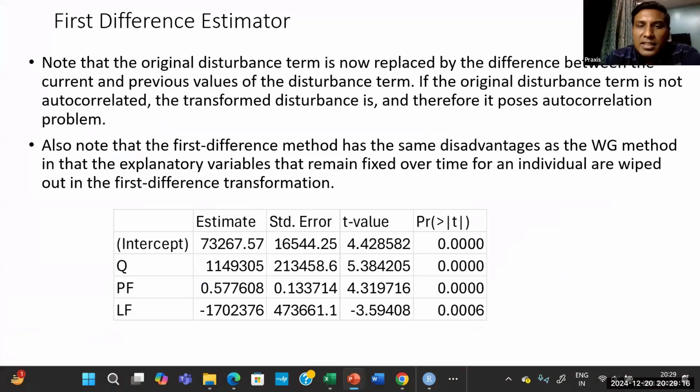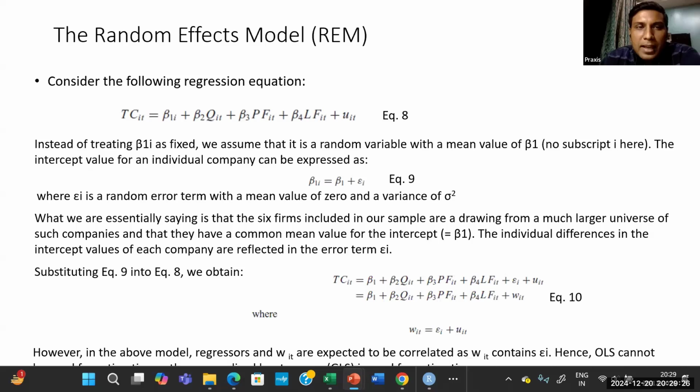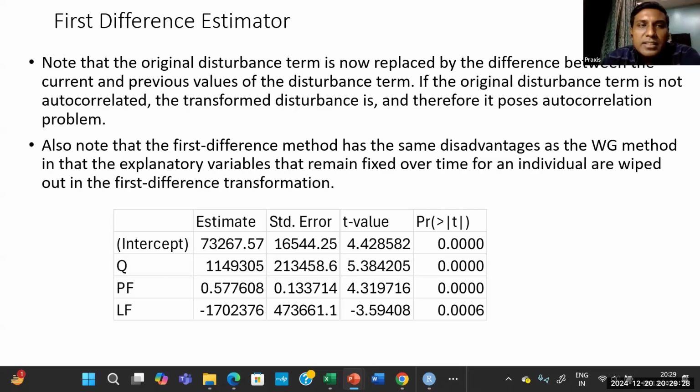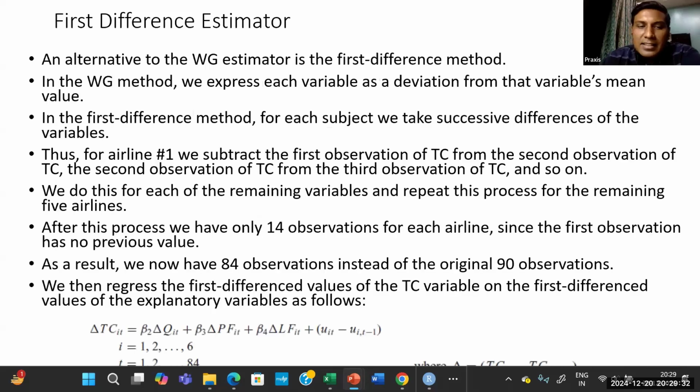So first difference estimator, we have estimated the numbers, and you see the numbers are different, not the same as the fixed effect within group, right? And what are the challenges? Since you look at this term, you have difference, because everything is expressed as a difference.